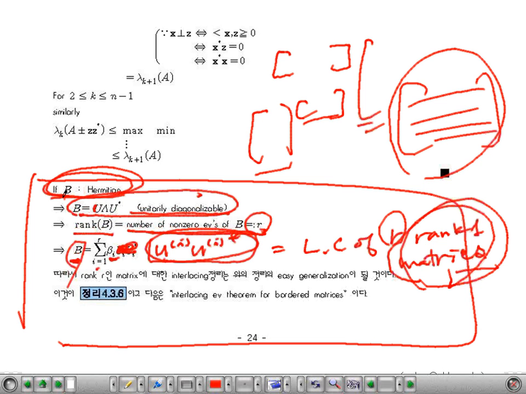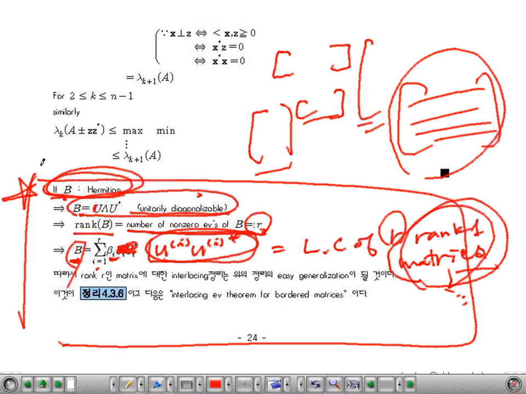So for the Hermitian matrix, you can change the problem to a very simple problem. And if you draw the information from those rank 1 matrices, then you can supply all the information for the Hermitian matrix. So this Hermitian matrix is really, really important. Do you agree? For many problems, we don't have to study an arbitrary matrix.